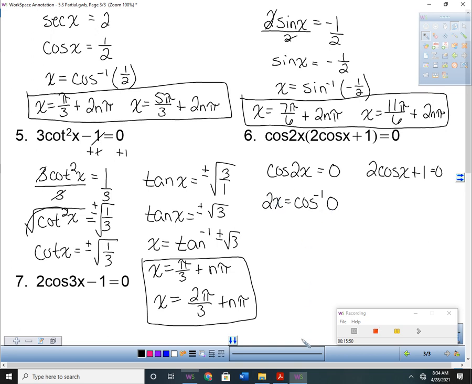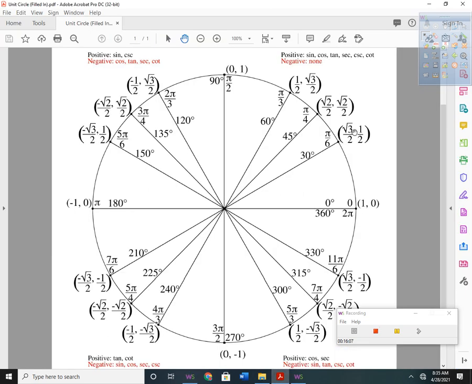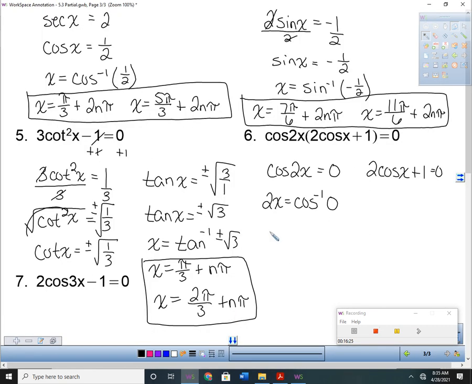All right, so on our unit circle, cosine is your x value, so that would be pi over 2 and 3 pi over 2. They are directly across from each other, correct? So I only need to use the pi over 2, and then I can just add n pi. So I've got pi over 2 plus n pi. So 2x is equal to pi over 2 plus n pi.